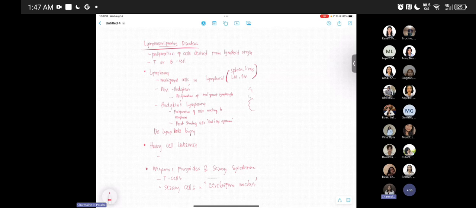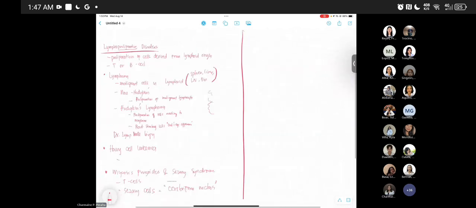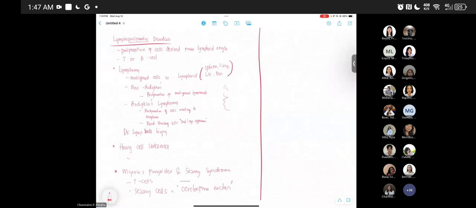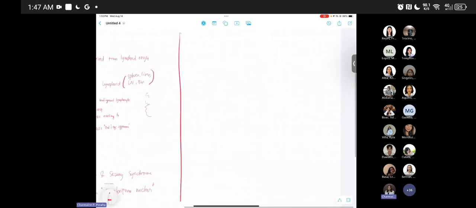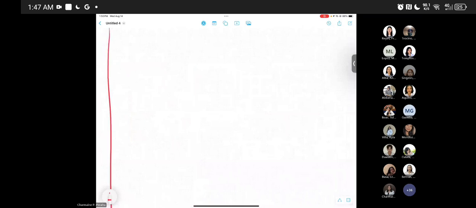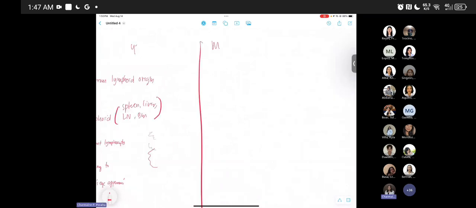Kasi ang next natin is myeloproliferative disorders. So ito lymphocytes. Ang next, so screenshot nyo na lang, ever mabilis. Ang next is myeloproliferative disorders. Kung babalik tayo sa hematopoiesis, di ba we have CLP and CMP.